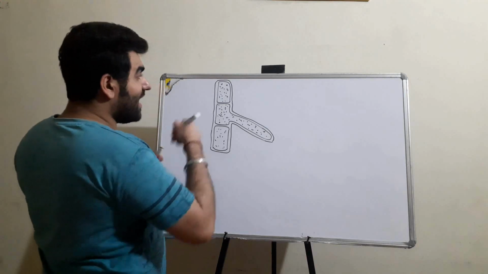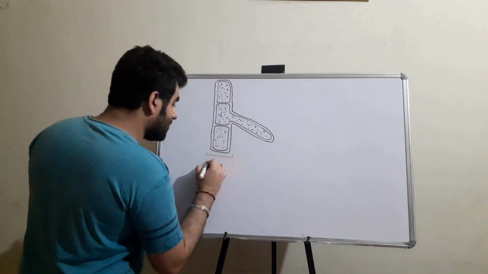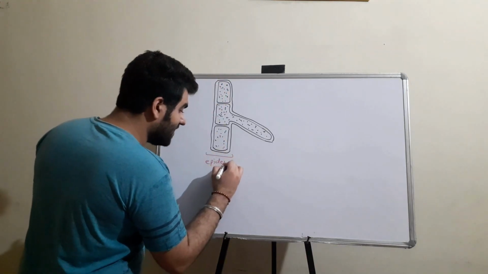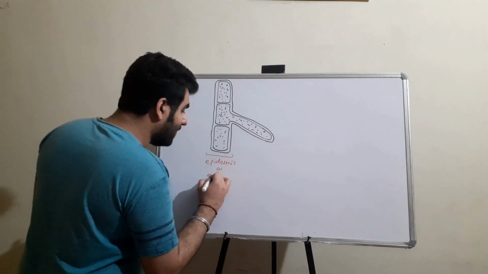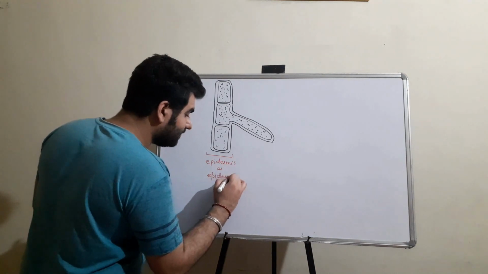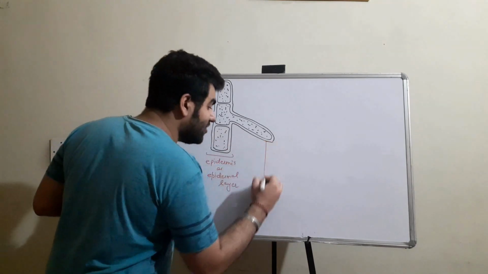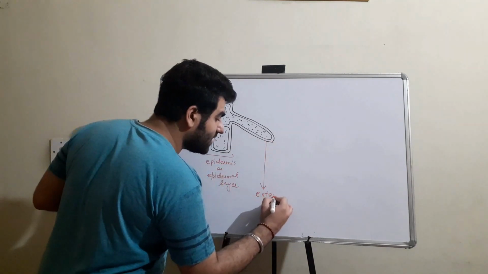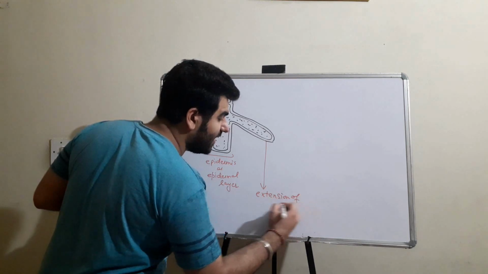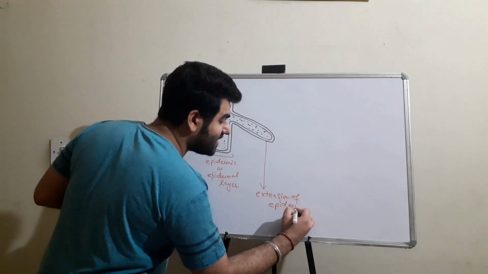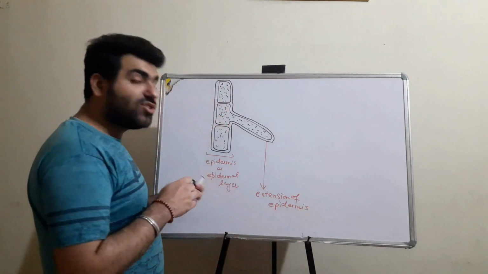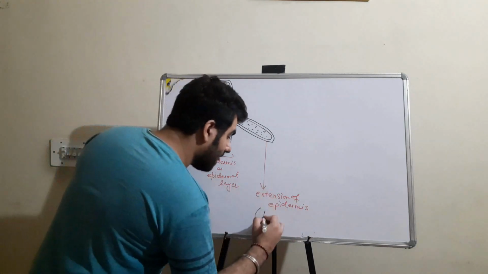This entire layer is known as the epidermis or epidermal layer. This is the extension of epidermis, and this extension of epidermis is known as root hair.